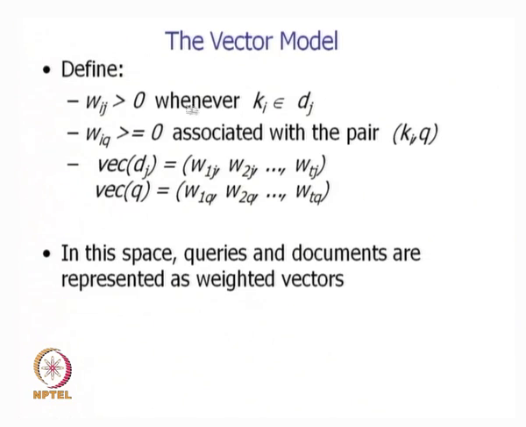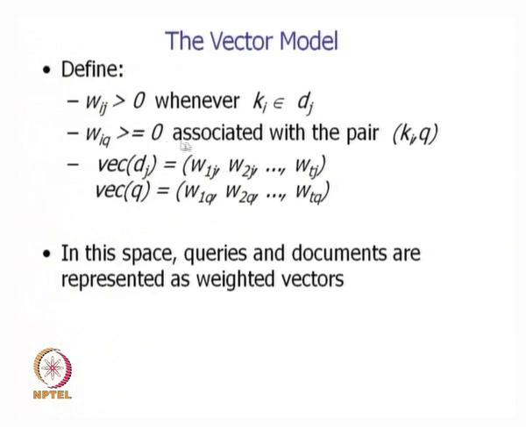The vector model is as follows. We have already defined the document, query, the framework, and a relevance function gives us the information retrieval model. Now, the weights Wij are greater than 0 whenever Ki belongs to Dj.